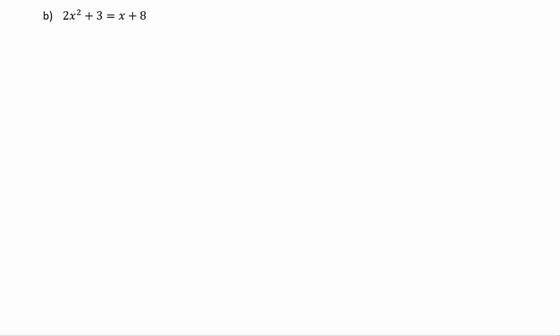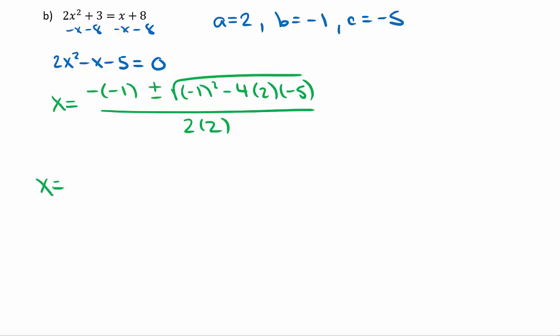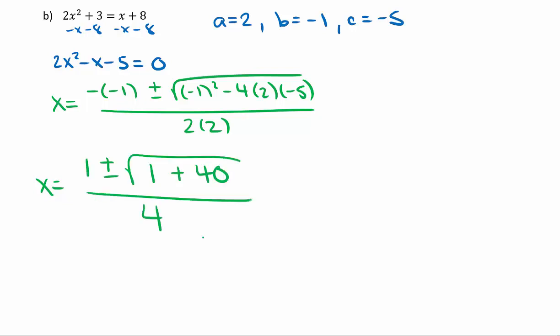So for part B, we're going to set one side to 0. That gives me 2x squared minus x minus 5. So my A would be 2. The number in front of the x is a -1. And C, the constant, is -5. I plug all of these numbers, the A, the B, and the C, into that quadratic formula, and then I have a lot of arithmetic to do. Negative -1 is a 1. -1 squared is 1.